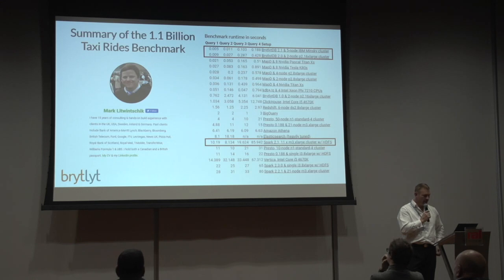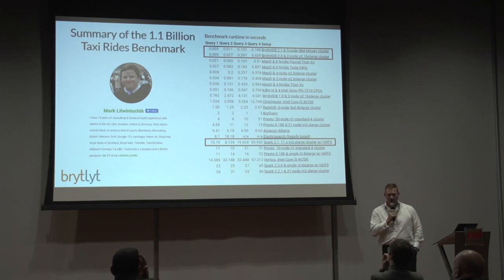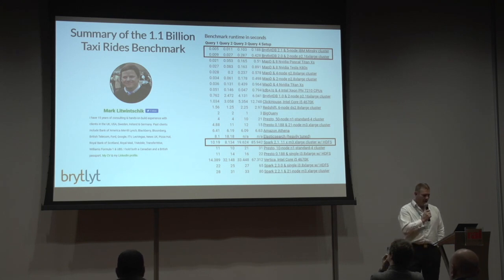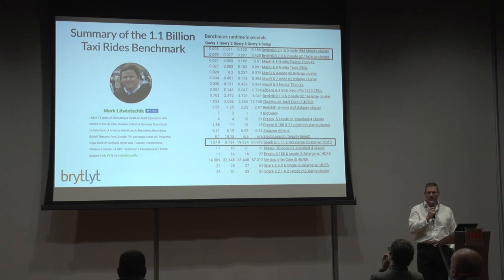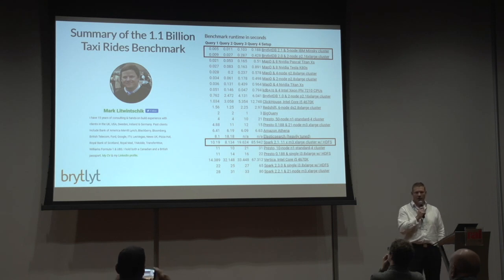This is just a publicly available benchmark done by Mark Litvinchik. Pretty straightforward benchmark, but it's a standard benchmark. So 1.1 billion rows of taxi data, 4 queries, pretty standard aggregational type queries. And he's run that on a range of different technologies and hardware platforms.